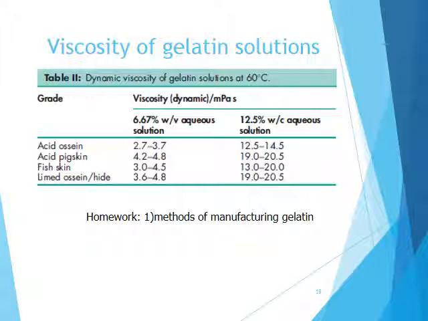The 6.67% aqueous solution of gelatin has different viscosities with the different sources of gelatin, and if you increase the concentration to 12.5%, the viscosity will increase, but again the source of gelatin strongly affects the viscosity, and the concentration as well.